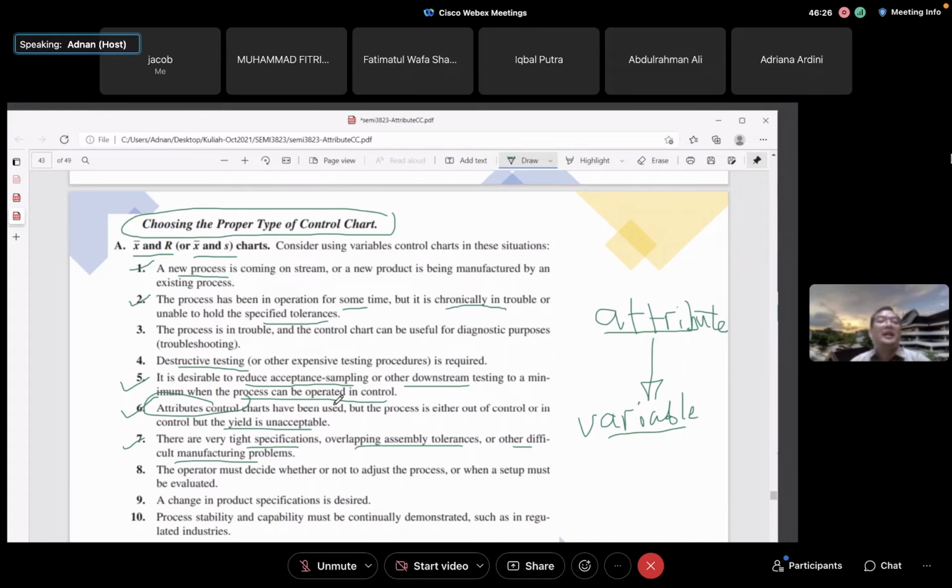I want to check your understanding. What is the difference between X bar R and X bar S? Which one is better? How is it different?